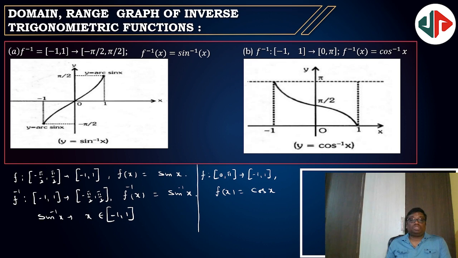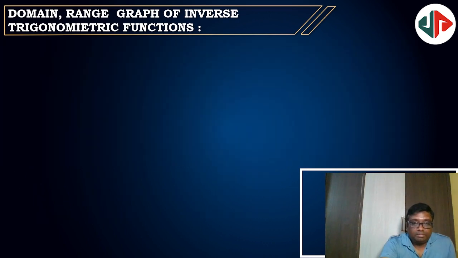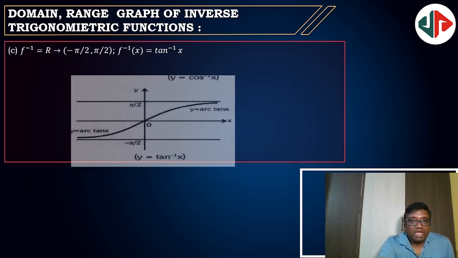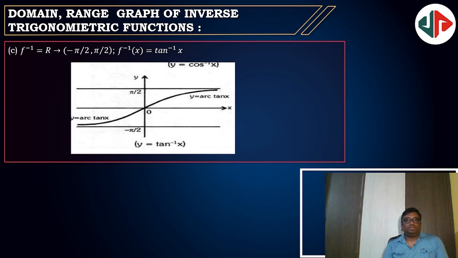The inverse function is from the closed interval minus 1 to 1 to the closed interval 0 to pi, and f inverse of x is always equal to cos inverse of x. But here also the same thing. Cos inverse of x is defined when, sir? When the x value lies between minus 1 and plus 1. But what is its range? 0 to pi.